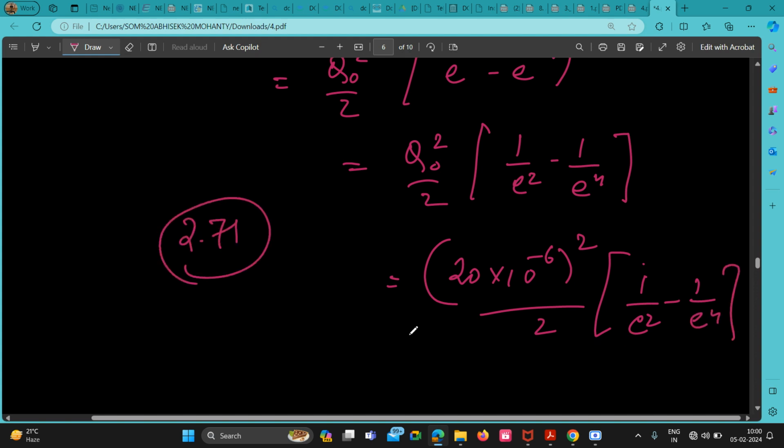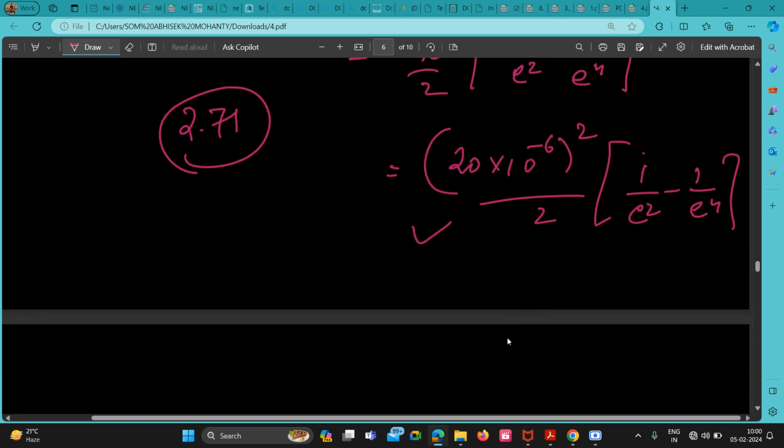Otherwise, you can leave it that way if the options are given, or if it's a 2 mark question. Otherwise you have to calculate the square and the fourth. It won't come like this in the exam, but still, in case. I hope you understood this question. Again, a different type of question, and we should be solving this type of question, not where everything is given, Q is given, V is given, you just ask C.